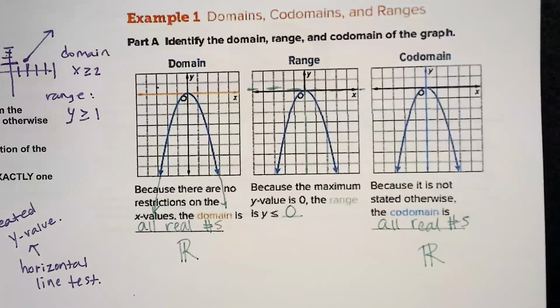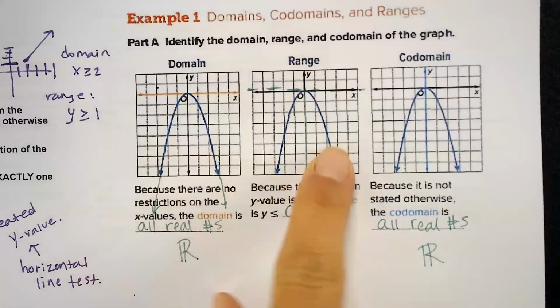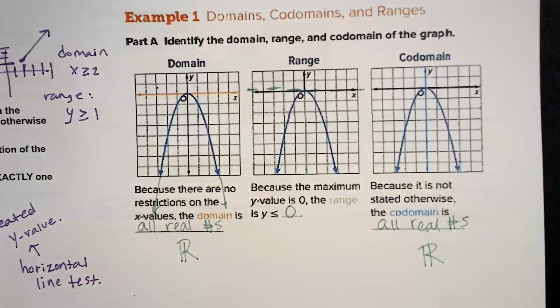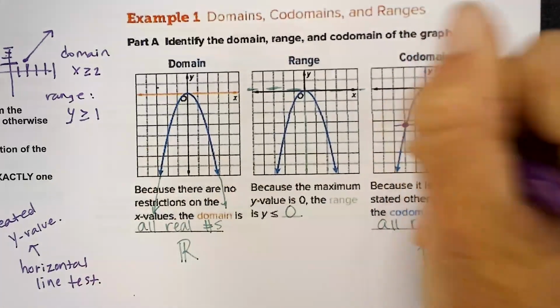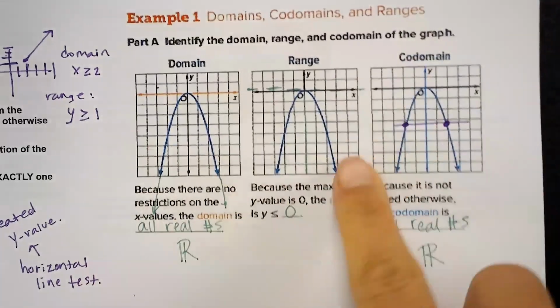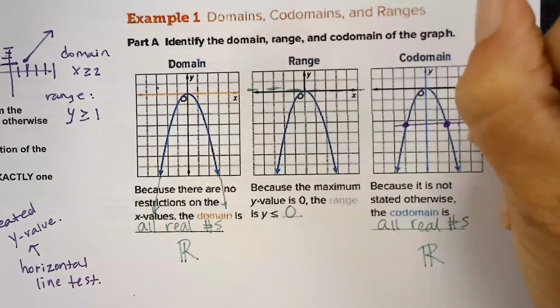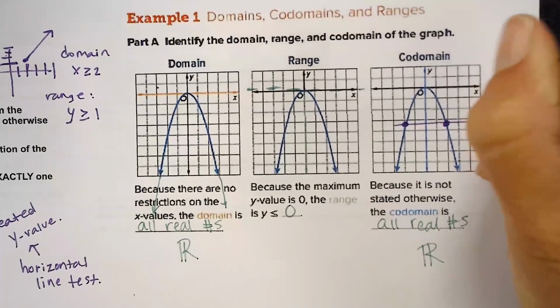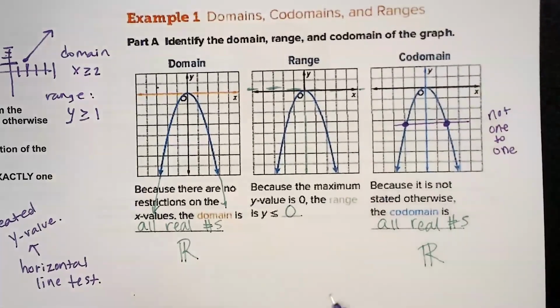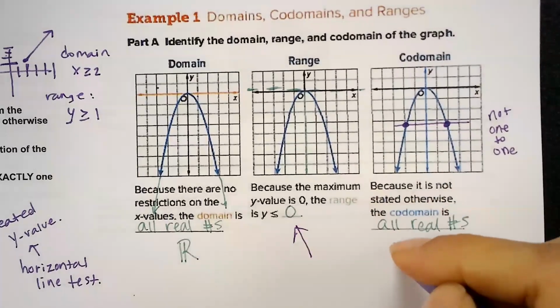Now, if we did a horizontal line test on these, would it be a 1-to-1 function? It touches twice. So no, it is not 1-to-1. Is it onto? To be onto, these have to be the same.